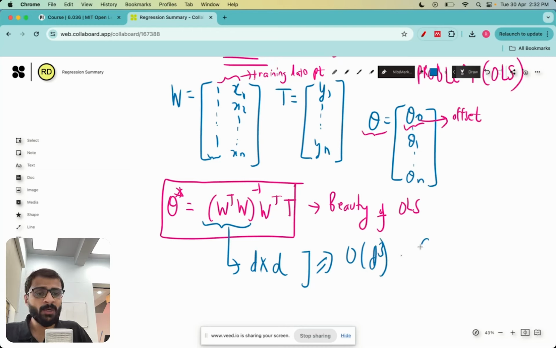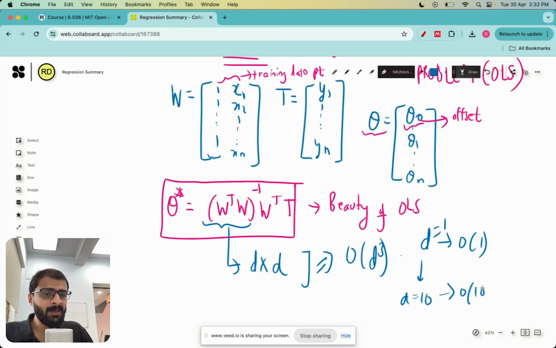So if d is equal to 1, then the time is order of 1. But if d is equal to 10, then the time it takes to invert this matrix is of the order of 1000. So it takes 1000 times more time to calculate this inverse, and that's a big problem for us.